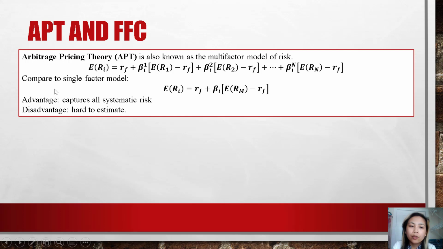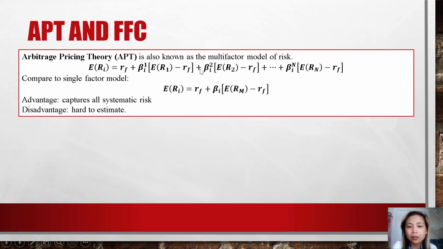And if we compare to the single factor model, we got the expected return of Ri is equal to RF plus beta i times the expected rate of return of the market portfolio subtract RF. Here, this is the risk premium, remember. So basically the multi-factor model is developed from the single factor model by adding more factors.